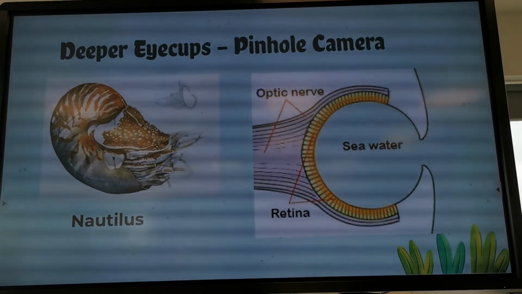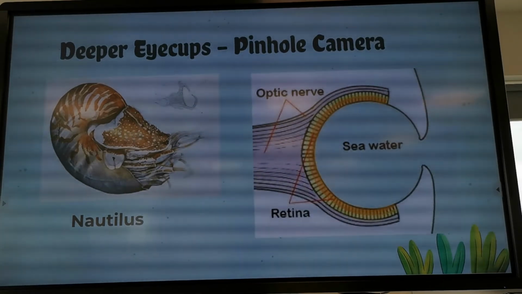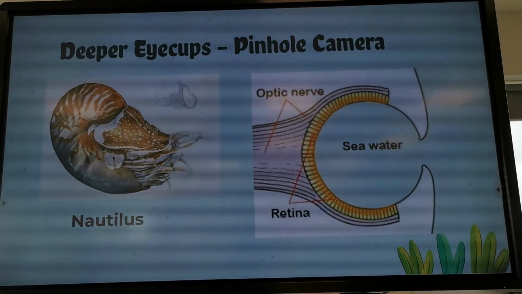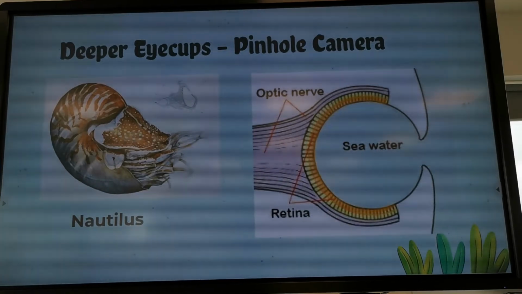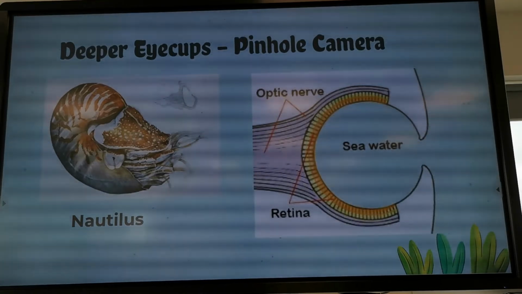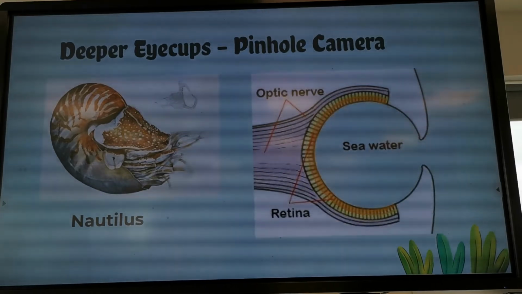And again, another step that's provided it much better chances of survival. It's advantageous. It gives it that extra bit of possibility of survival, gives it the ability to hunt better, etc., evade predators better, and all that kind of stuff.